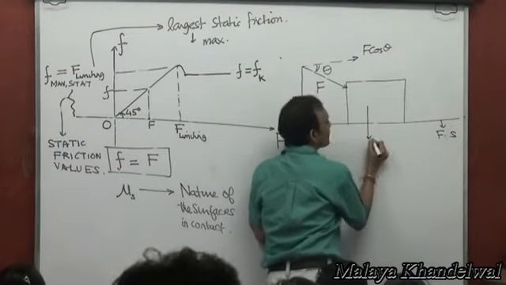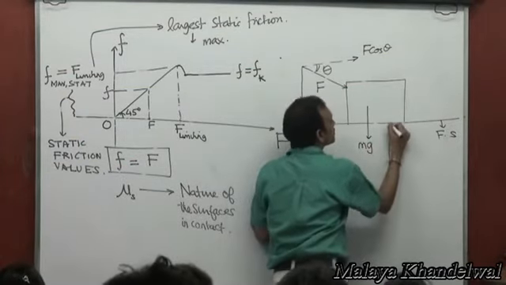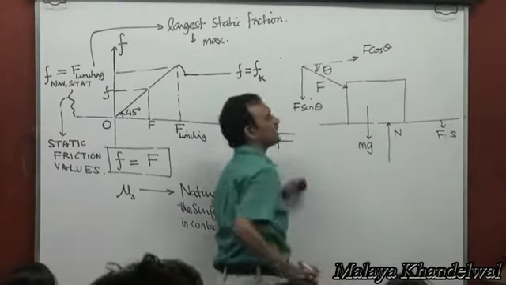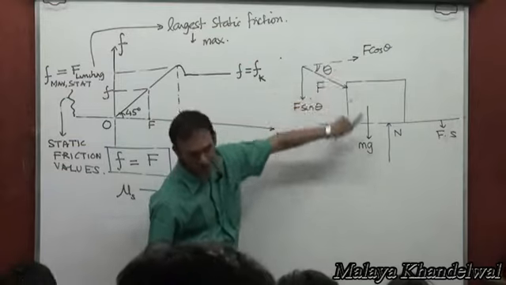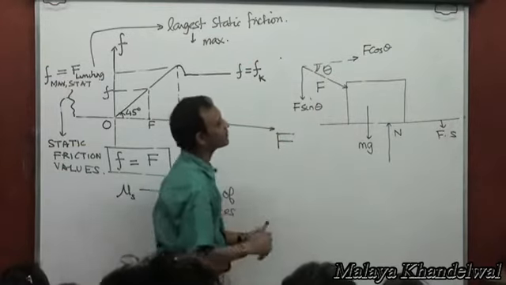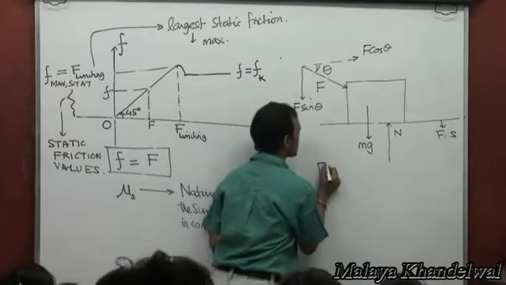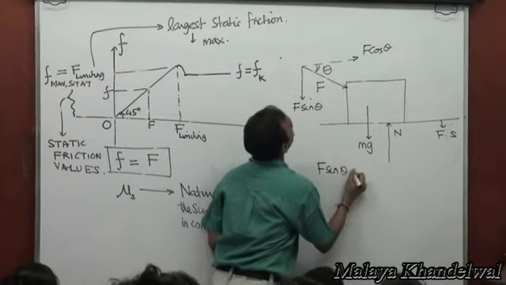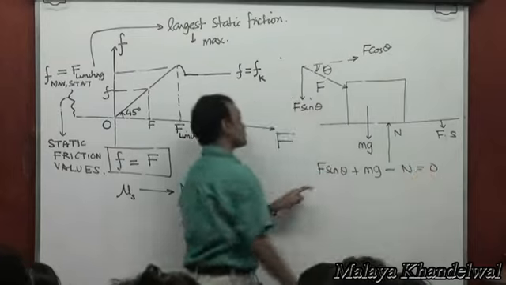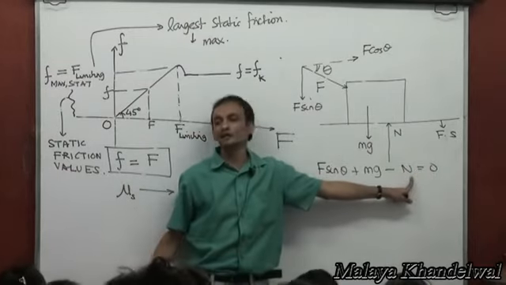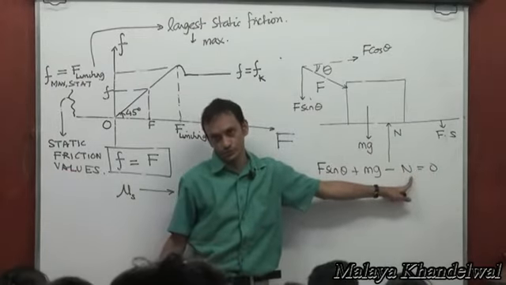And then there is mg acting downwards, there is normal reaction N acting upwards, and if this was a fixed surface, meaning there was no vertical acceleration of this surface, then the normal reaction would be computed as F sin theta plus mg minus N equal to 0. This would make the new value of N available to you, right?